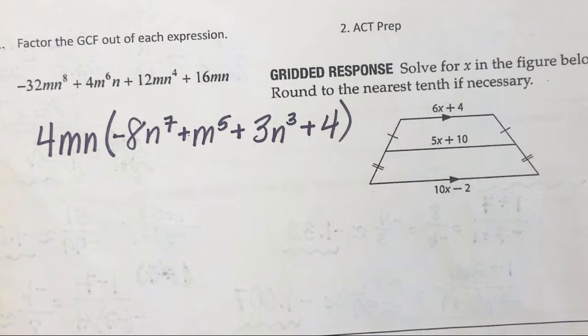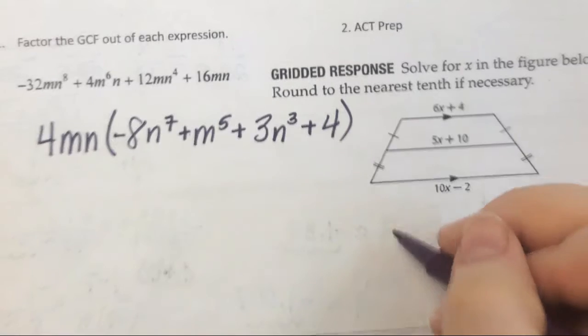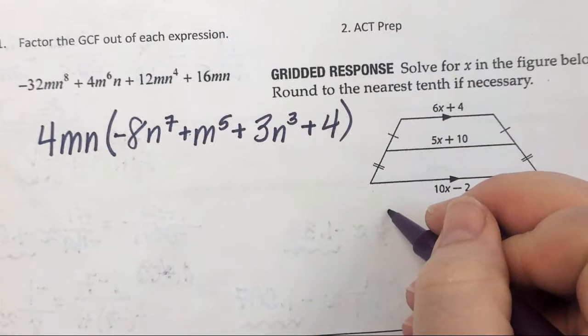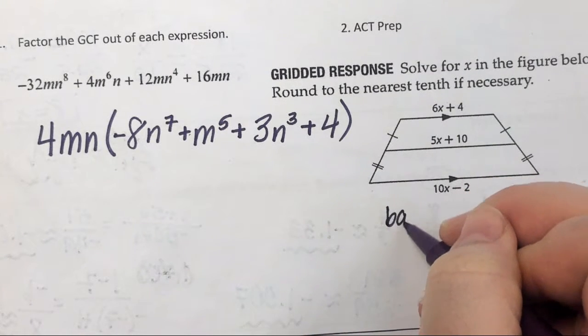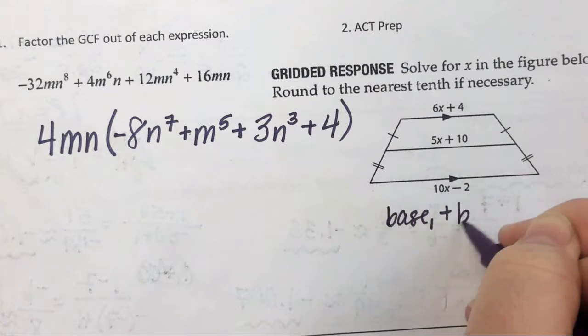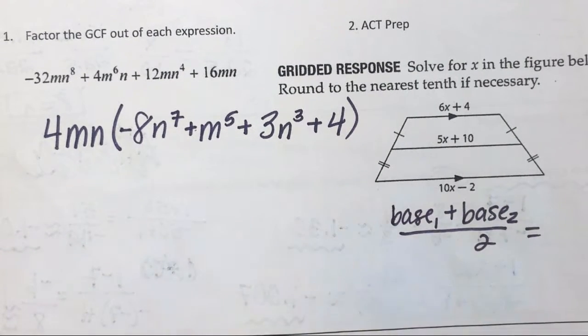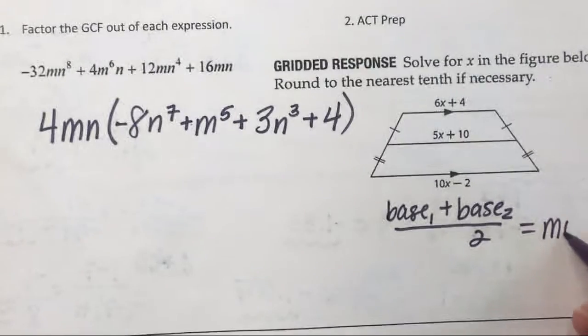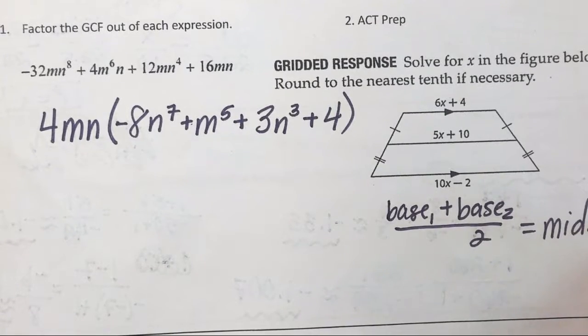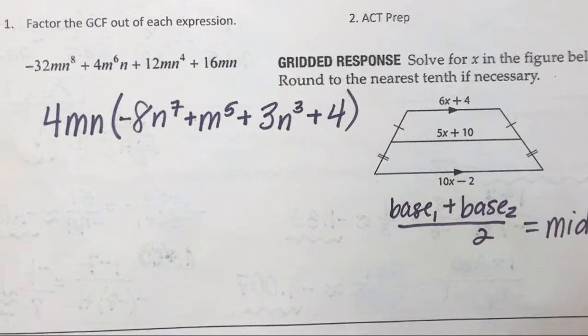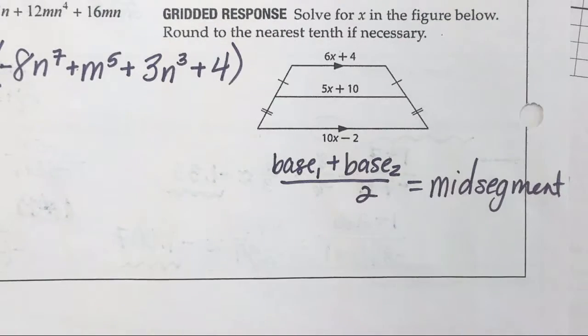Someone make me proud and remember this formula for a trapezoid. Yes, ma'am? The formula would be base 1 plus base 2 divided by 2 equals mid-segment. Mid-segment. Okay, I did not get a chance yesterday to read your justification answers. But yesterday's question was asking about the mid-segment of a triangle.